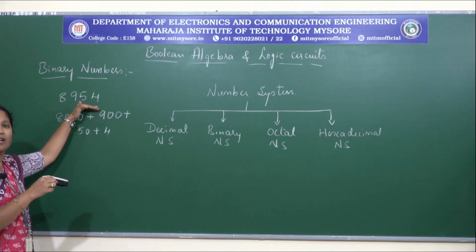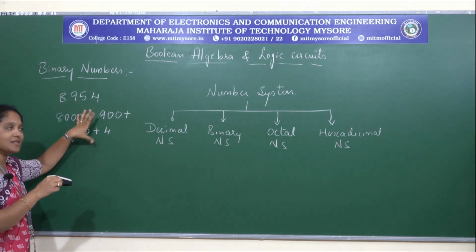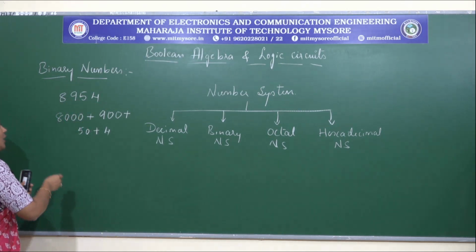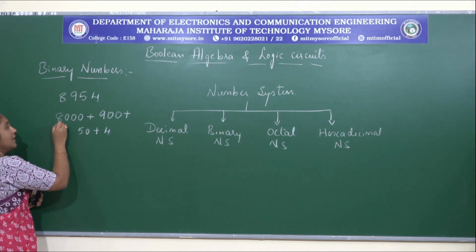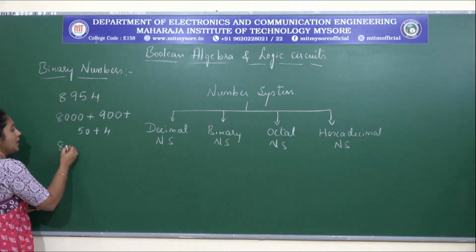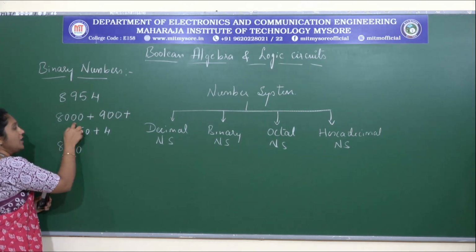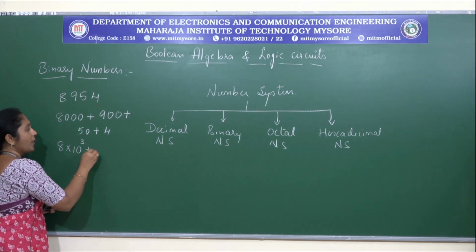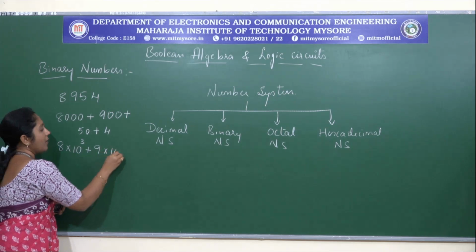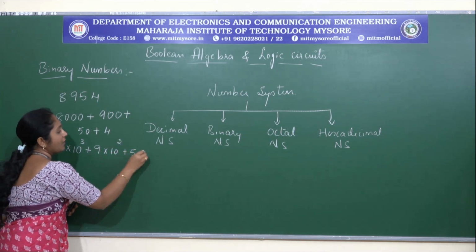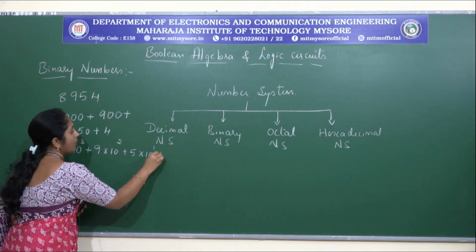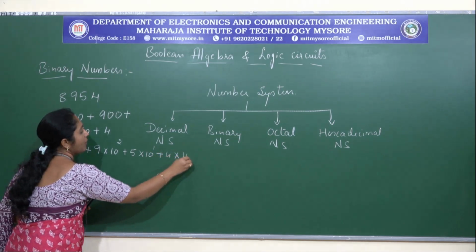So this is the compact form in the decimal number system. If you observe, this can be written in another format as 8 into 10 to the power 3 plus 9 into 10 to the power 2 plus 5 into 10 power 1 plus 4 into 10 power 0.